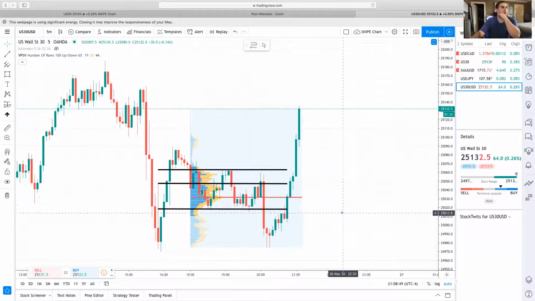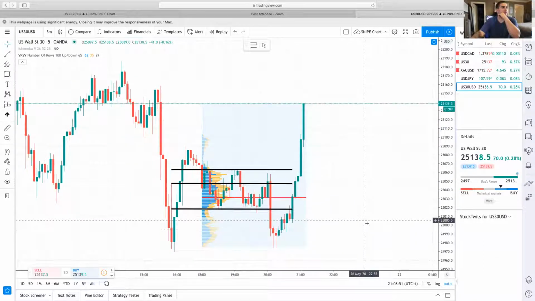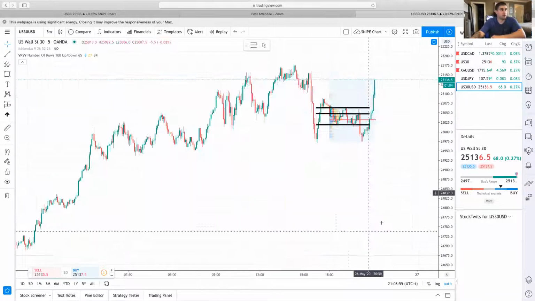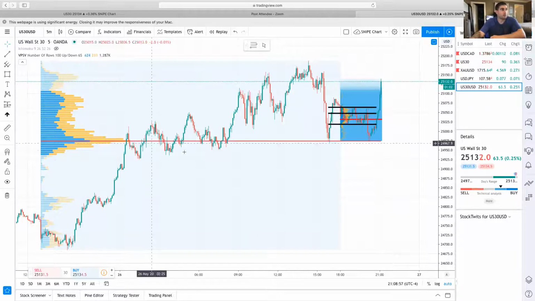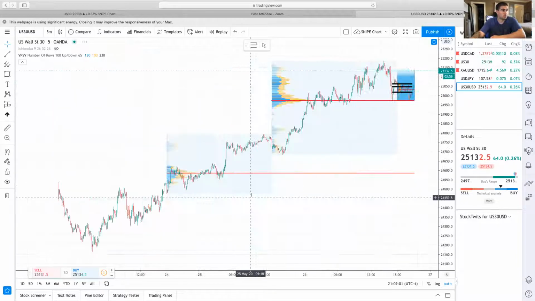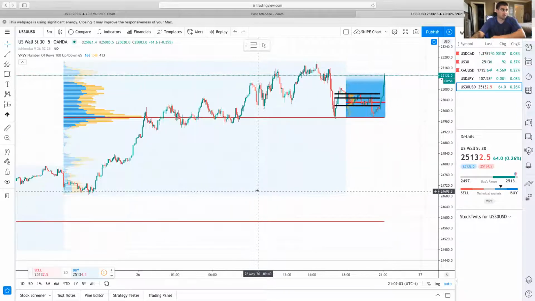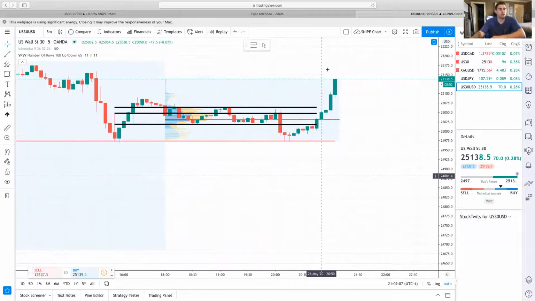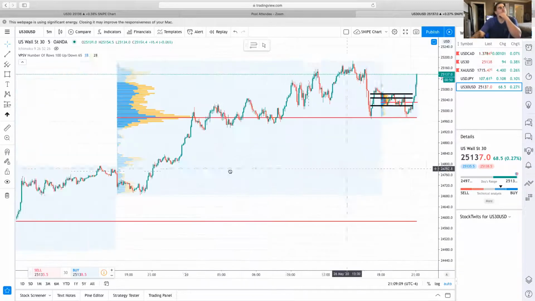Oh, it's got a 10 box right there. So now we're at POC from yesterday. So if it keeps up over the 25,149, it'll show some more resistance there. But sometimes it just goes to POC and acts like a resistance and comes back. It just wants to see it and then find structure again. I like that.